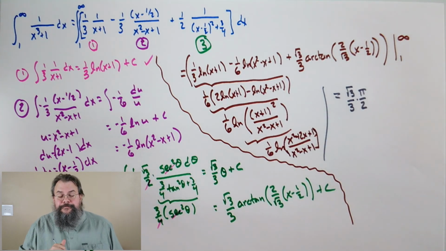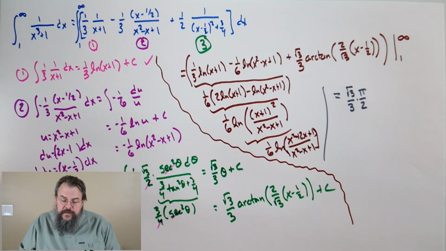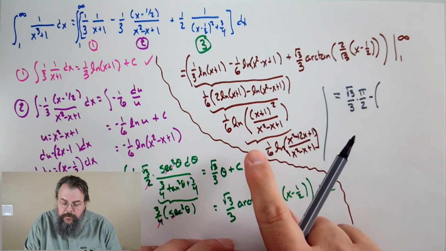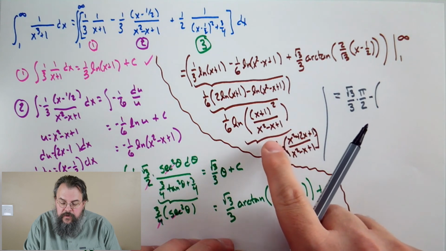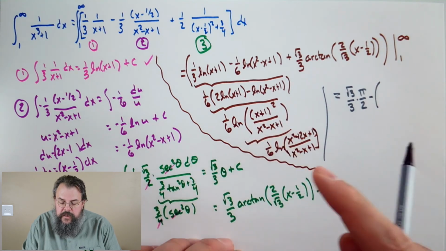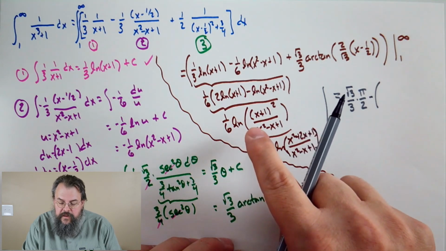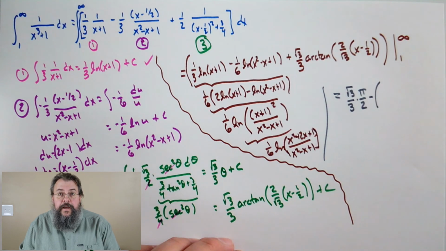Now plug in 1. Actually, let's just see it right here. So we're going to subtract. We can plug it in here. 1 plus 1 squared, that's 2 squared, that's 4. 1 minus 1 plus 1 is 1. So we get 1/6 log of 4. That's it.